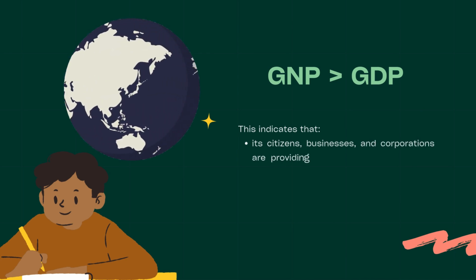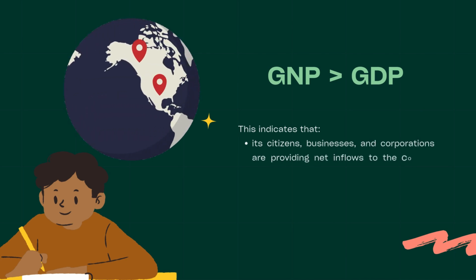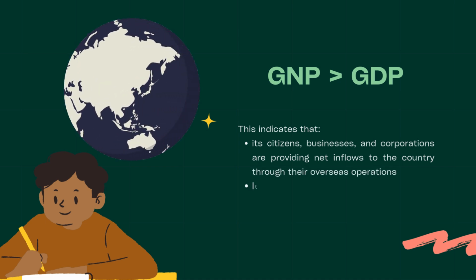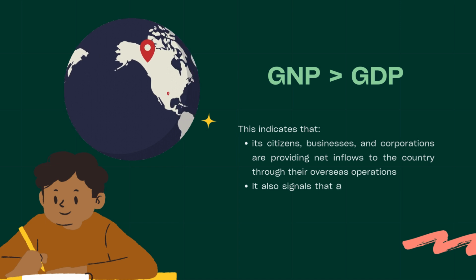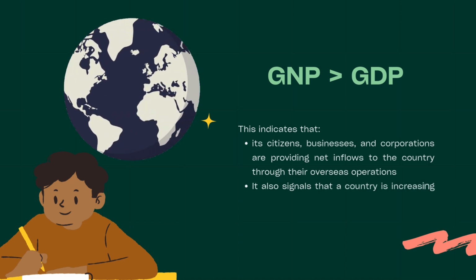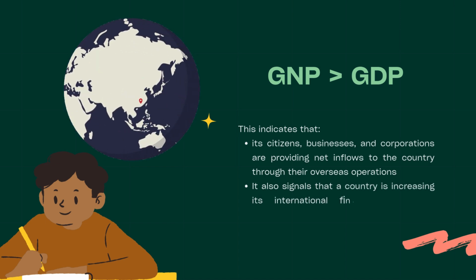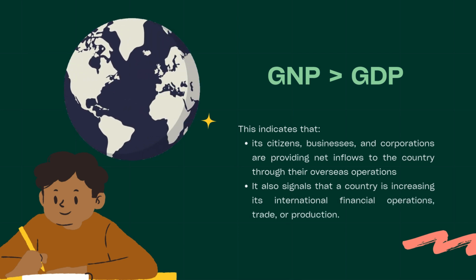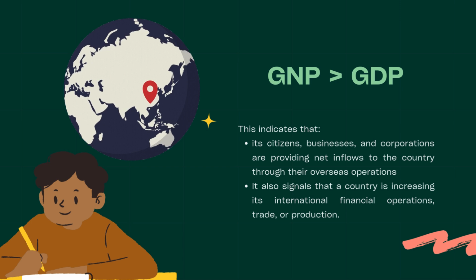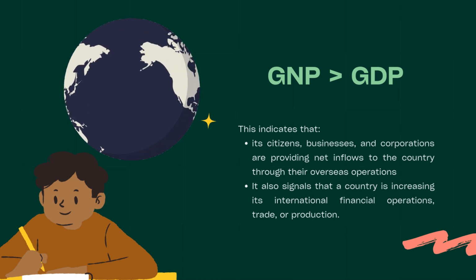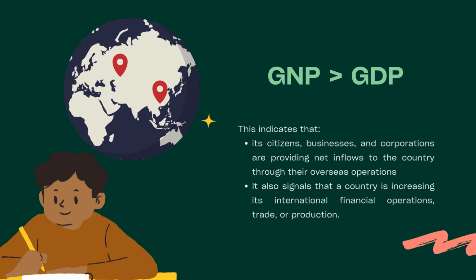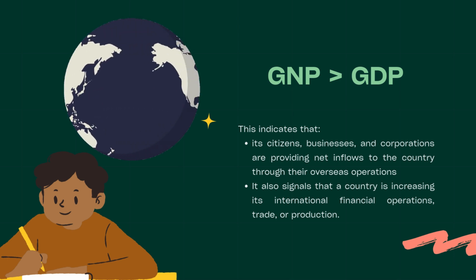This indicates that its citizens, businesses, and corporations are generating a substantial income from activities outside the country's borders. Essentially, they're bringing net inflows back into the economy through foreign operations such as investments, businesses, or jobs. Such a difference highlights the country's global economic presence and suggests its active involvement in international trade, finance, or production.